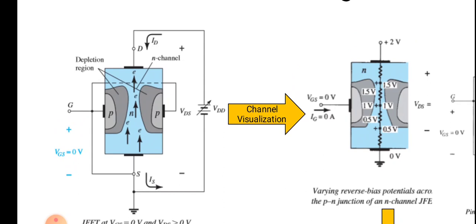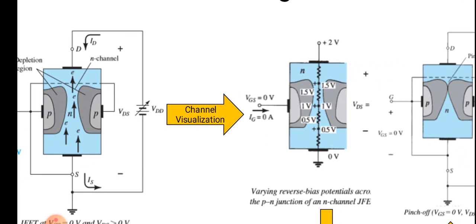The drain is at higher potential than this source. So there is a continuous increase in potential as we move from the source terminal towards the drain terminal within this FET. That rise in potential can be represented with the help of potential drop across series resistors.